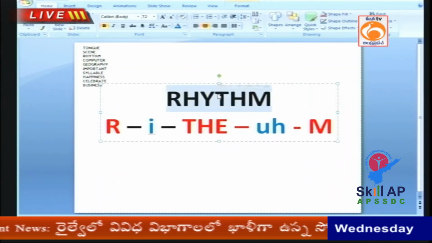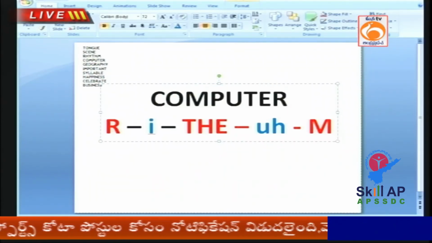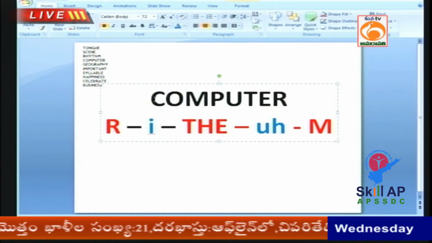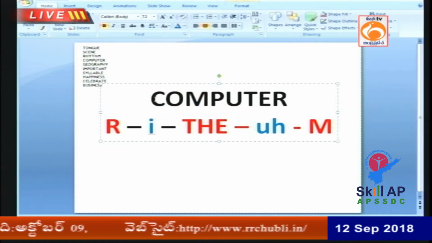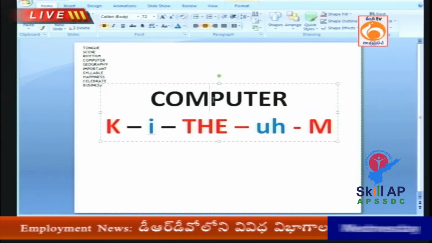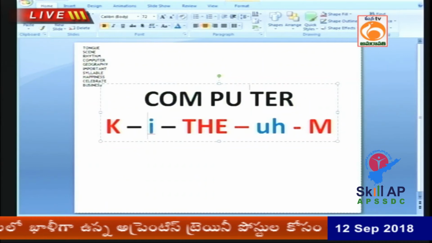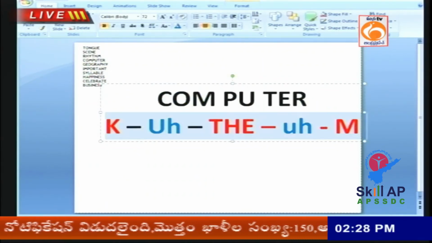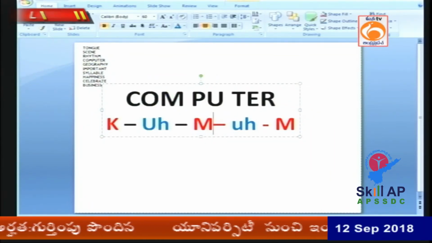Next word, the most common word of student life, computer. Now observe here, the word starts with C, but it's not an S sound, it starts with a K sound. So how do I pronounce it? I can break it. K, K, M, come.